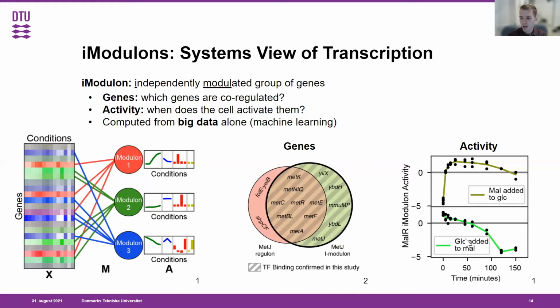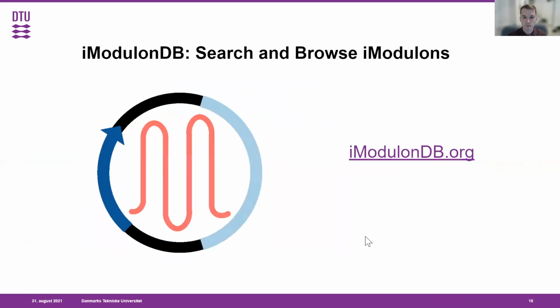And then of course, when you add glucose to a malate media, the iModulon slowly turns off. What's important to know here is that we can analyze these genes and activity levels with big data alone. We don't need to do a ton of specific experiments, and we also don't need a ton of background information about the cell in order to do these computations and obtain some interesting results.